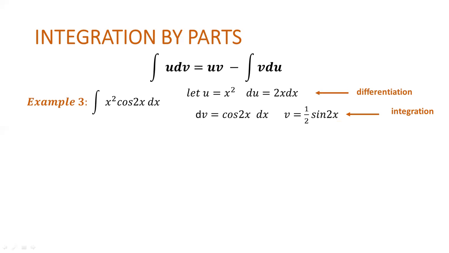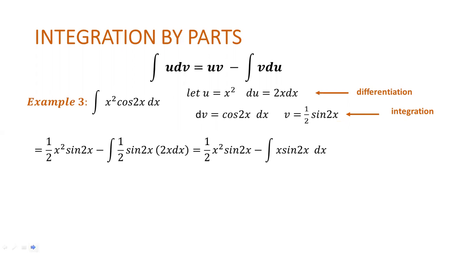Then we use the formula uv minus integral of v du. So uv, u and v, so 1/2 sine of 2x and the x squared, minus the integral of v, 1/2 sine of 2x, du, 2x dx.